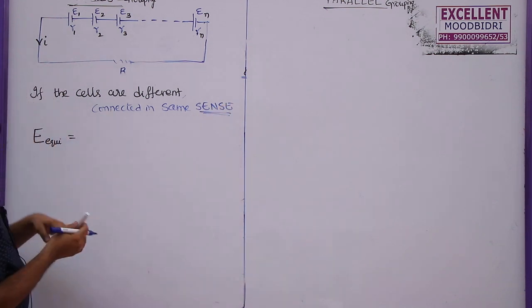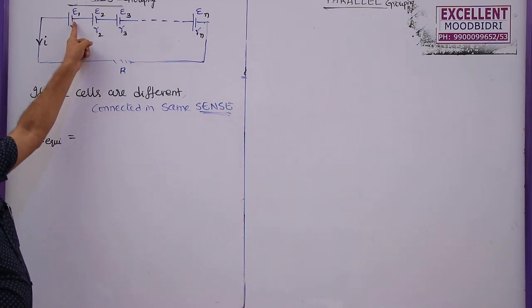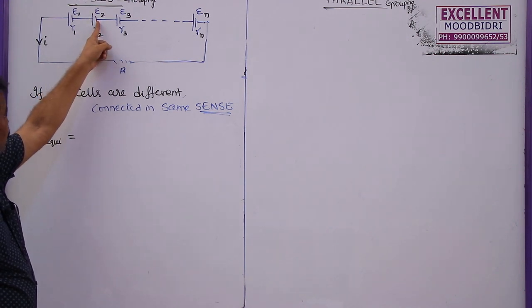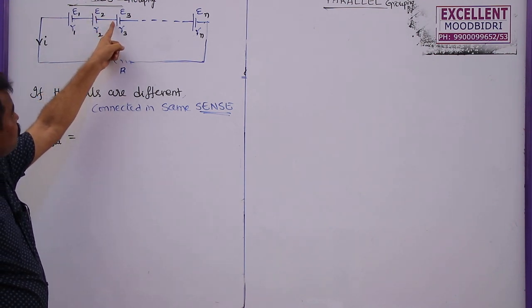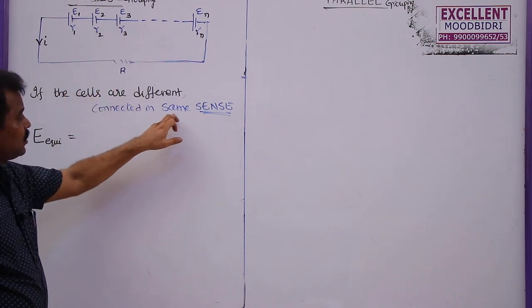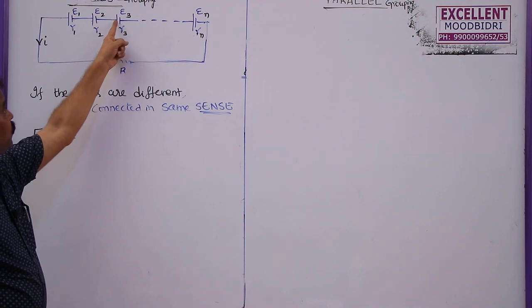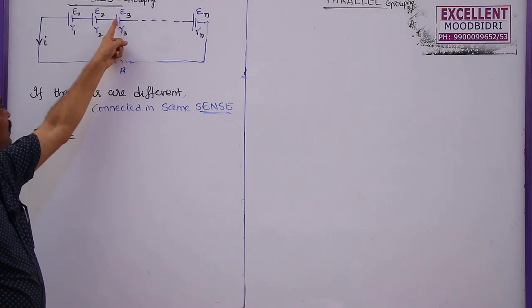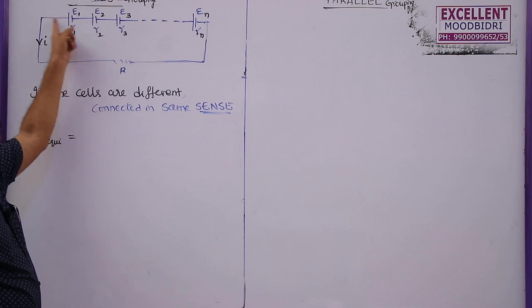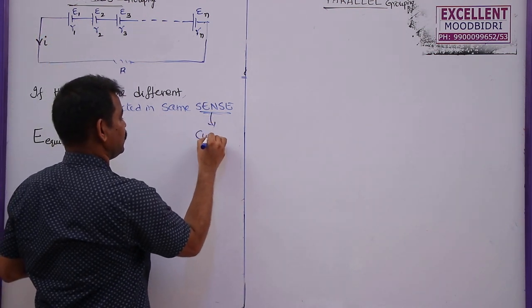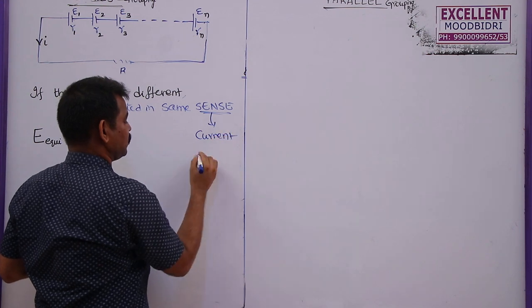The negative terminal of the first cell is connected to the positive terminal of the second cell, the negative terminal of the second cell is connected to the positive of the third cell, and so on. Then it is called same sense. That means all the cells produce current in the same direction.